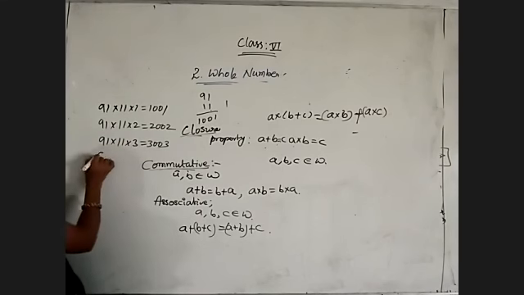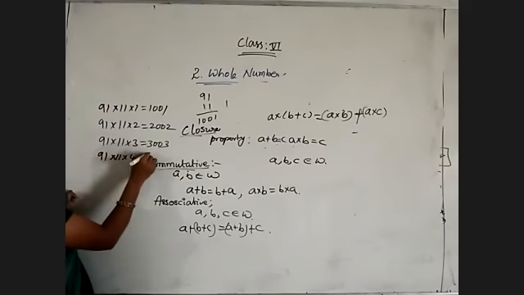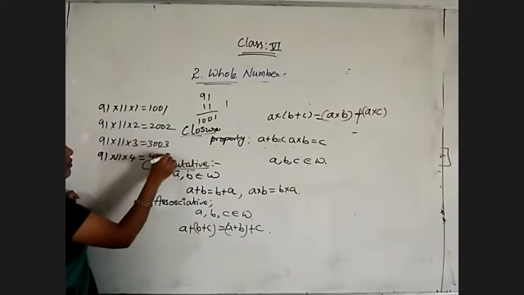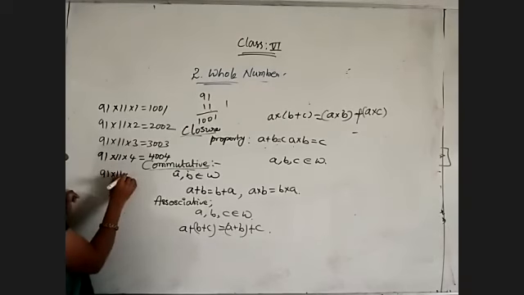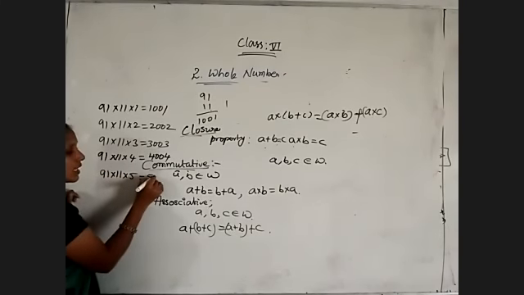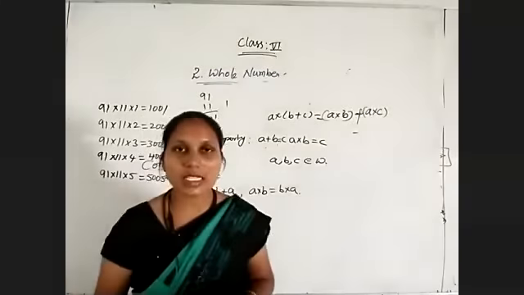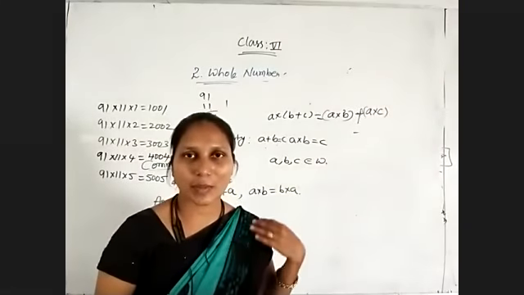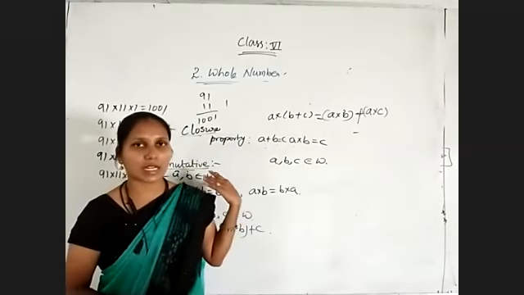So compulsorily the next step we will get 91 into 11 into 4 is equal to 4004. And the next step 91 into 11 into 5 is equal to 5005. Like this we will get the remaining steps. So pattern helps us write the remaining steps without doing the calculations. In a simple manner we will get that.